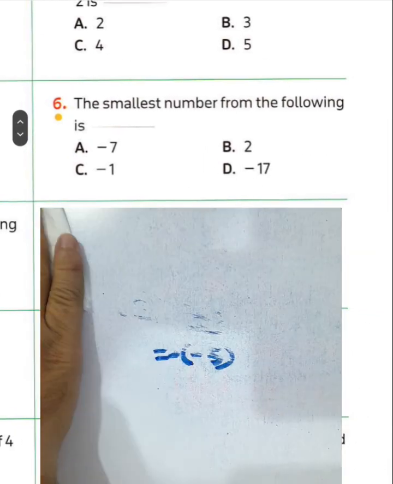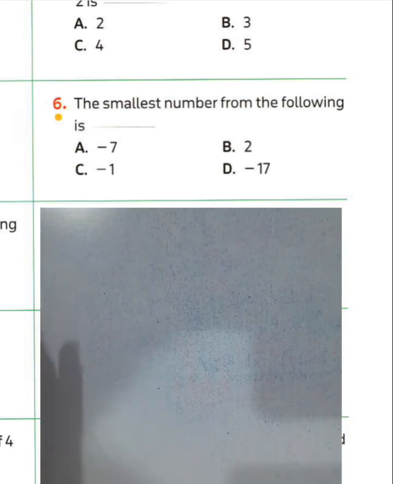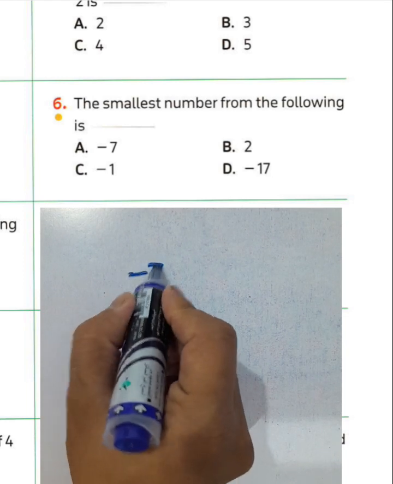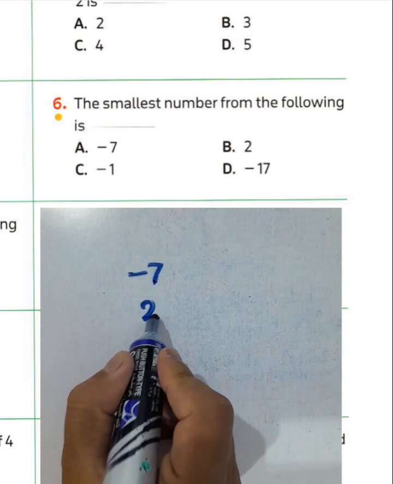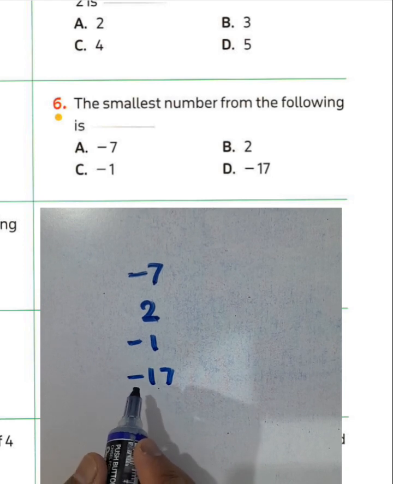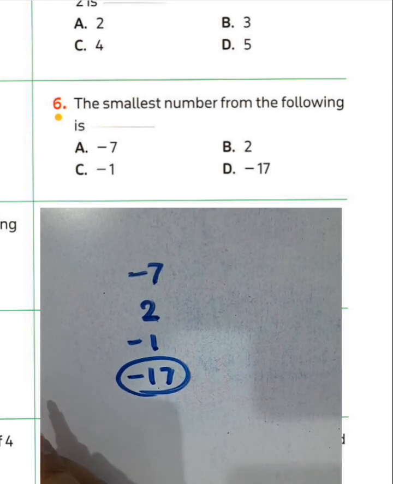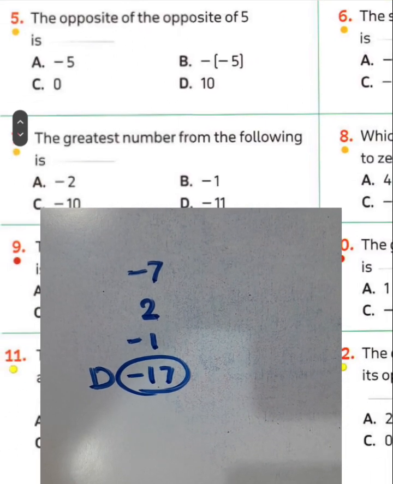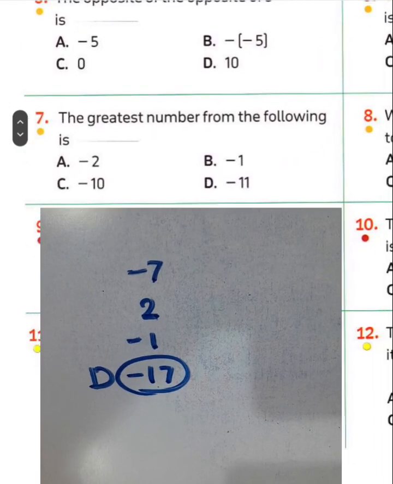Question number 6. The smallest number from the following is, he gives -7, 2, -1, -17. You want to find the smallest number, which will be -17. Choose letter D for question number 6. Question number 7.